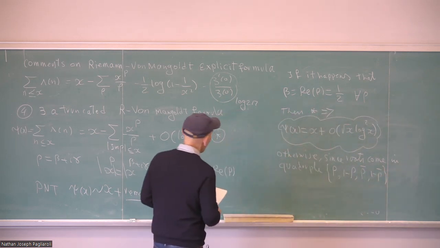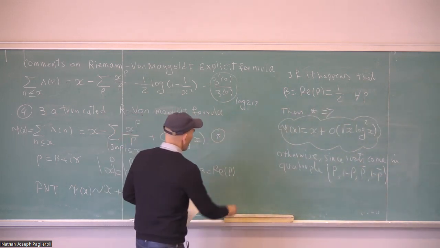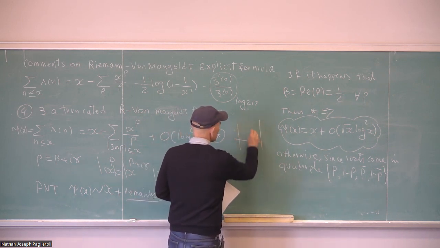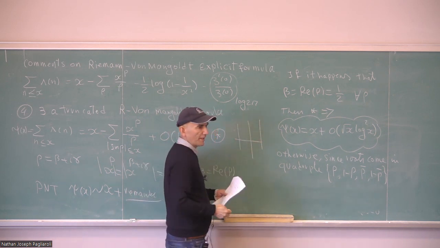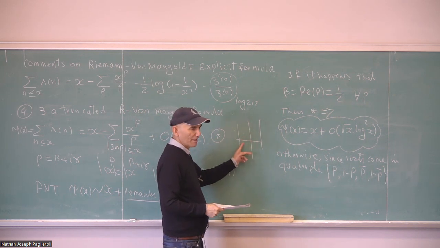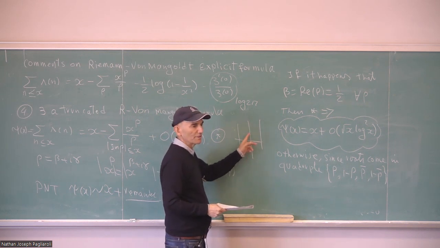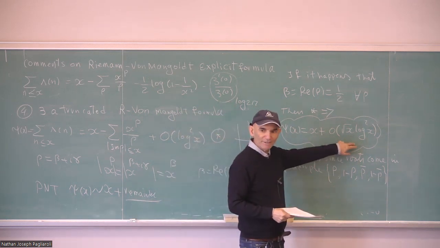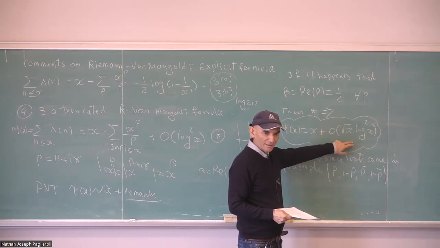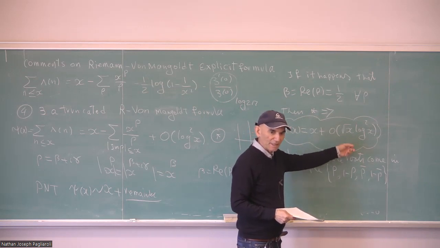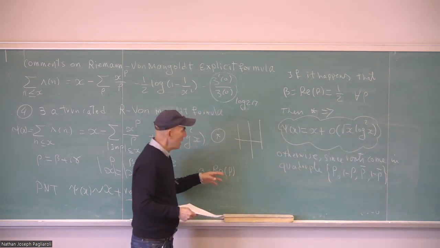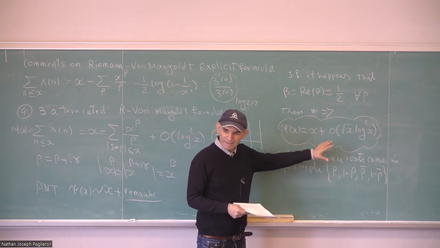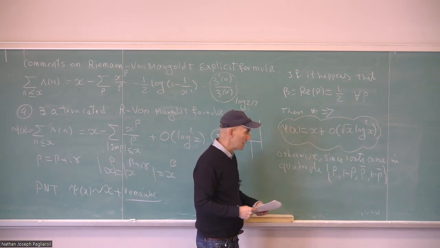So if you have a root with real part less than half, then you're going to have a root with real part bigger than half. So this is going to spoil this. You get a larger estimate here rather than root x. The remainder is going to be bigger than the ideal remainder you can guess. So this seems to be the best scenario because of the symmetry.